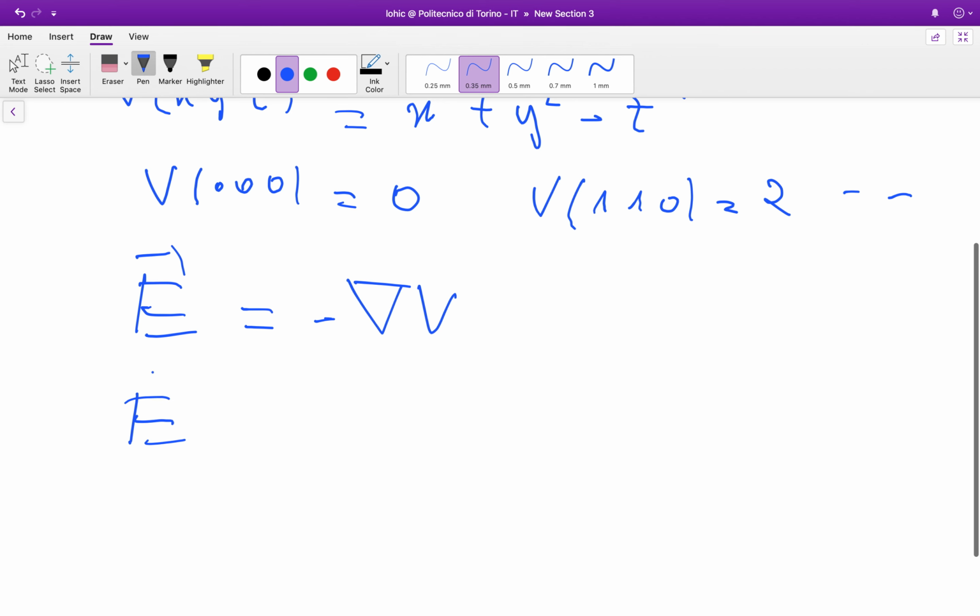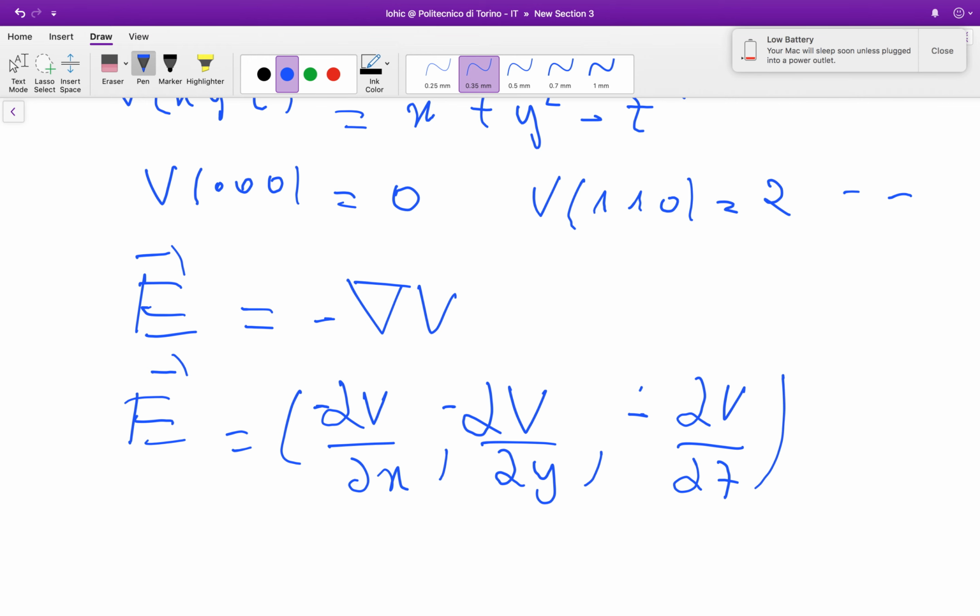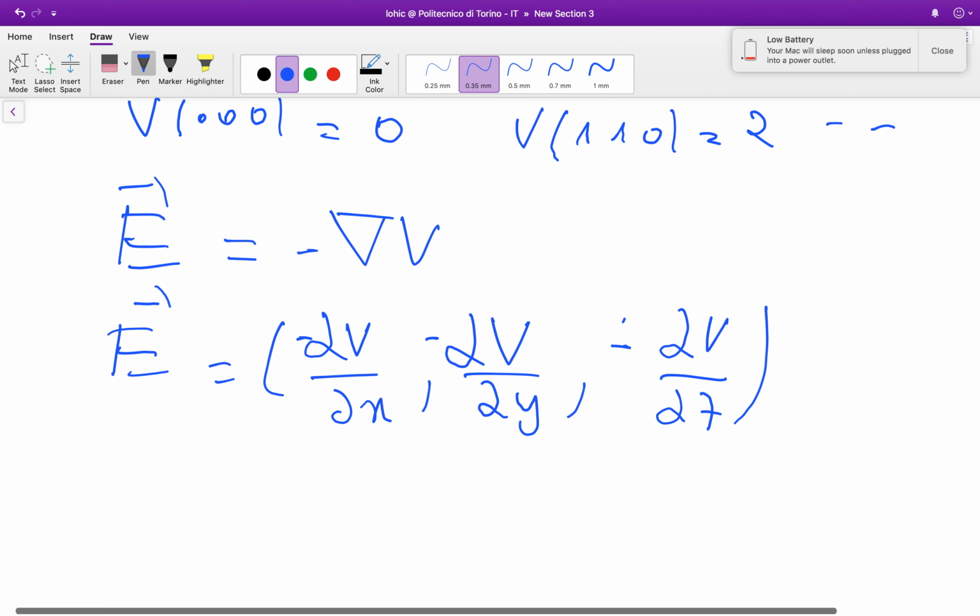The field at every point will be equal to minus the derivative of the electric potential with respect to x, comma, minus the derivative of the electric potential with respect to y, comma, minus the derivative of the electric potential with respect to z. Is that clear? That is what the gradient means, guys. The gradient of a function is the vector of its partial derivatives.